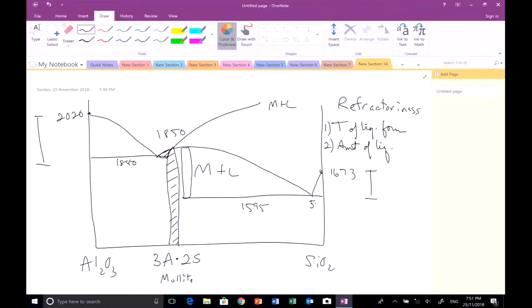So that's kind of the name of the game here, minimizing the liquid. This diagram is a good one to tell you the importance of choosing the right two-phase field, because if you're too narrow or too short, your temperature fluctuations in the furnace or your raw material variations are going to kill you, and you're going to have big disasters. So choose a phase field that's big to work in so you can have flexibility.